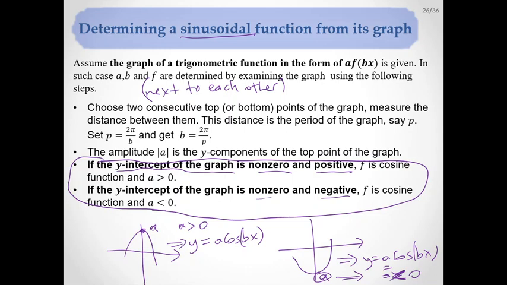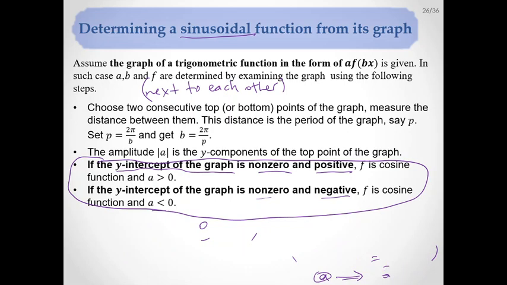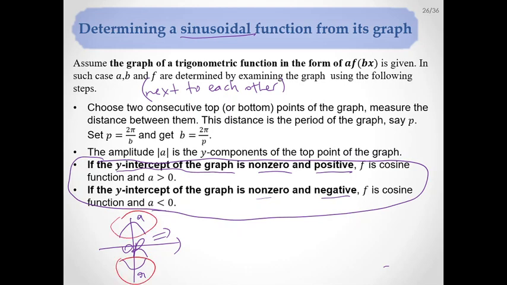If I put them together, we have two cases for cosine. Either you have this one or this one. At 0, they take the values a or minus a. So f of x is definitely a cosine bx.